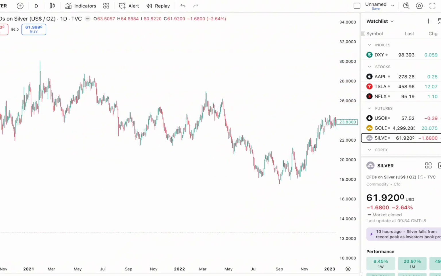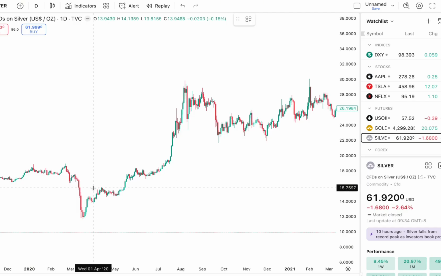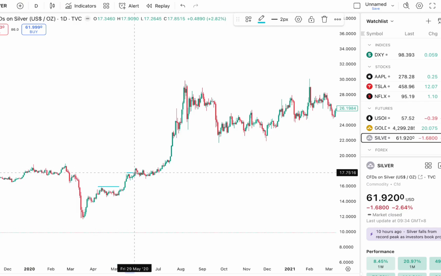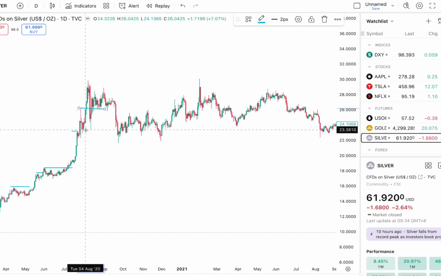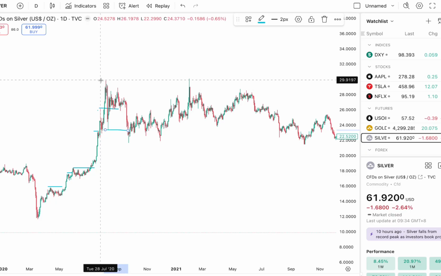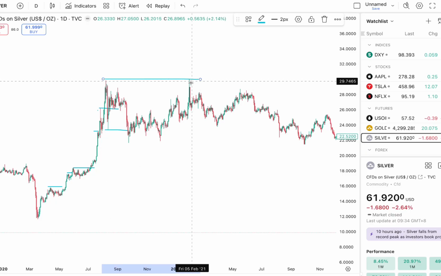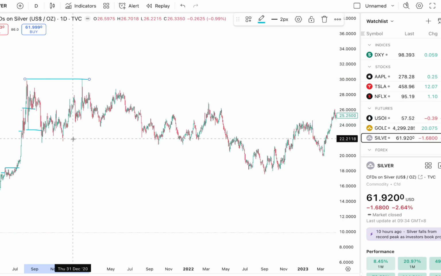So here on silver, it was making higher highs, higher highs, higher highs. Price is making continuous higher highs. And then the moment it CHoCHs, price comes back up, swing failed this high. And then that was the start of the correction.